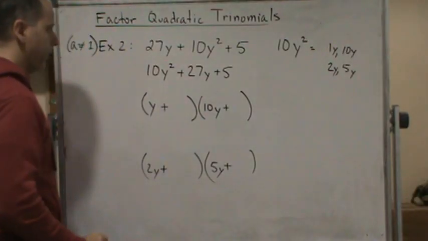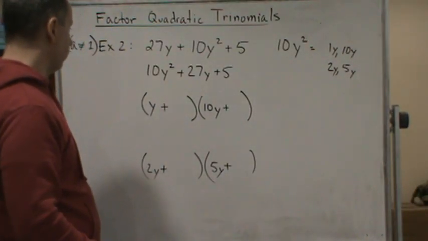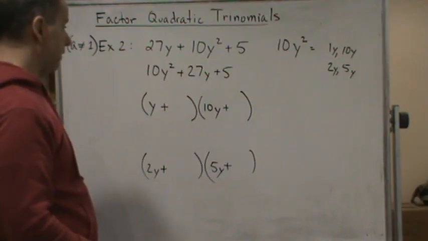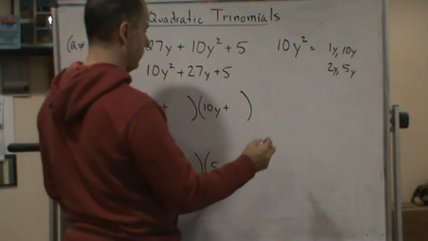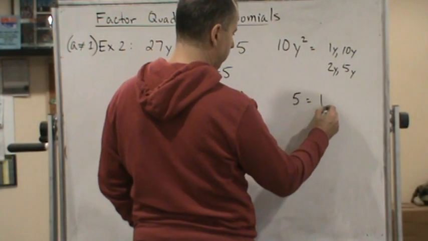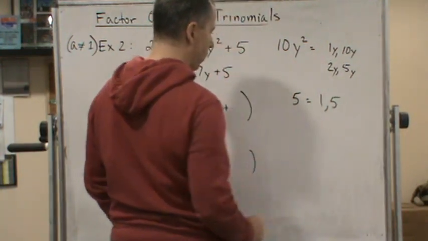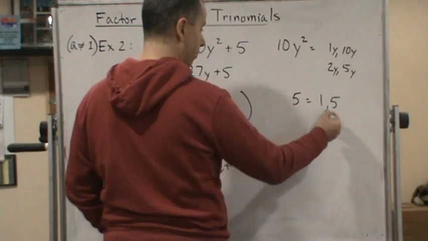Okay. Now, what about the last term? The last term is 5. 5 is a prime number, so the only factors of 5 are going to be 1 and 5. But it could be switched, right?